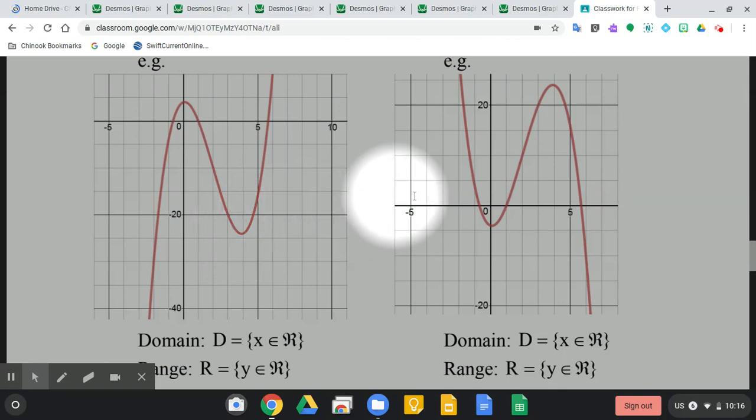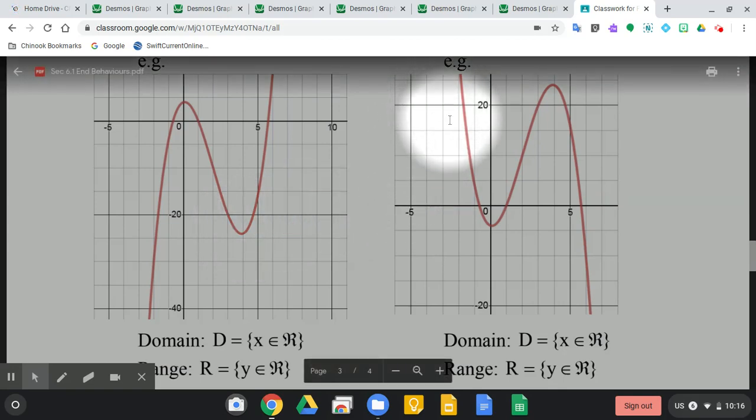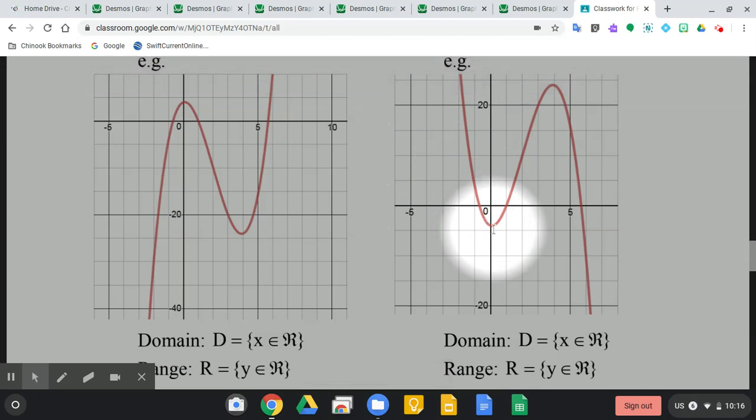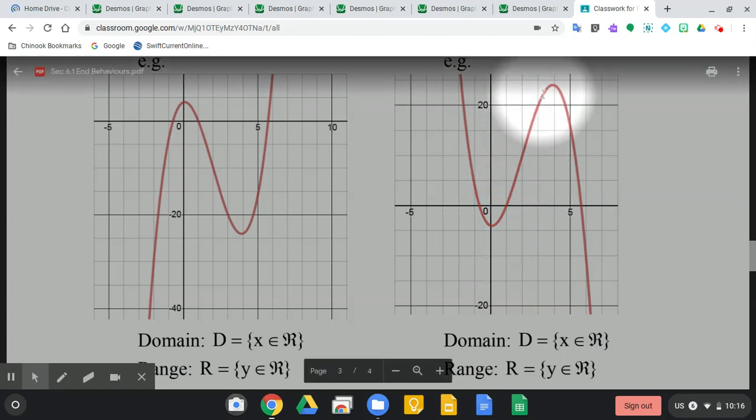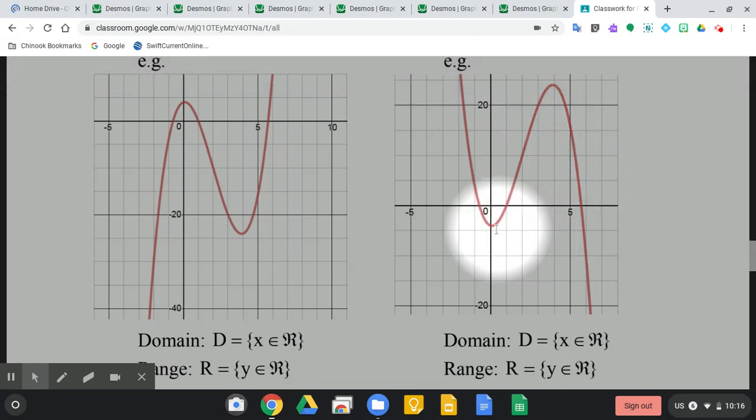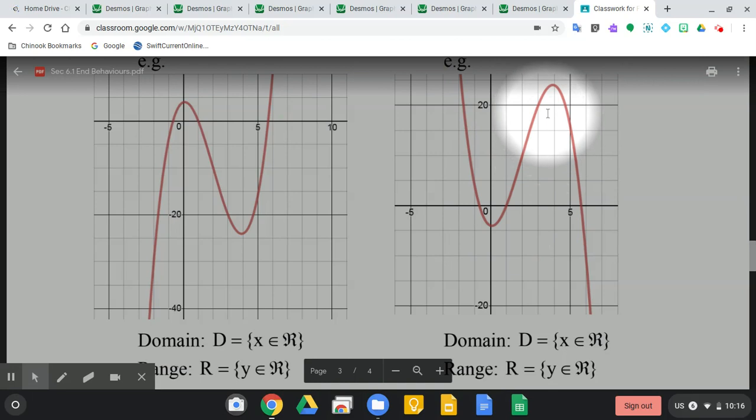Similarly, if I look at the graph on the right here, it was decreasing, moving downwards, got to that, I hate to use the word vertex because that word is saved specifically for parabolas, turns around and moves upward, gets to that maximum value, and then turns around. So we say we have 2 turning points, 1 there and 1 there.